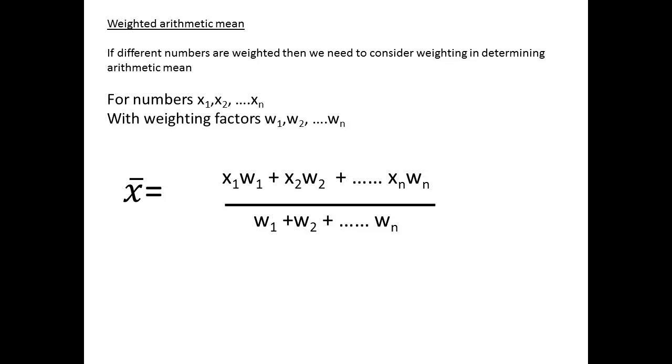X bar, the arithmetic mean, becomes x1 multiplied by w1 plus x2 multiplied by w2, all the way through to xn multiplied by wn, all divided by w1 plus w2 all the way through to wn.